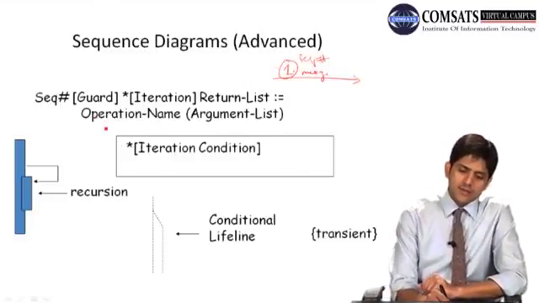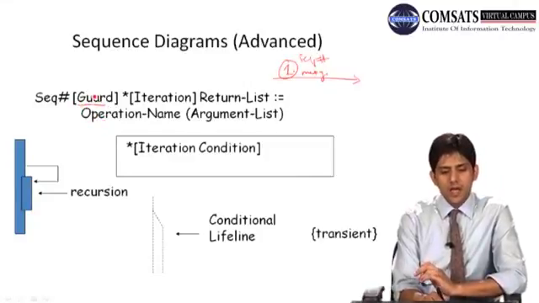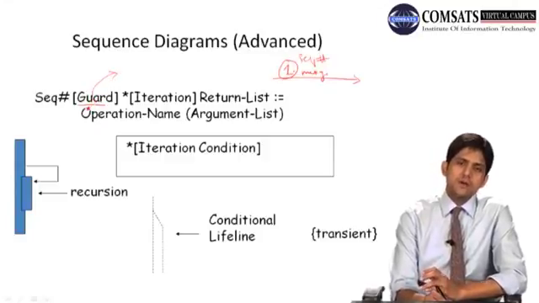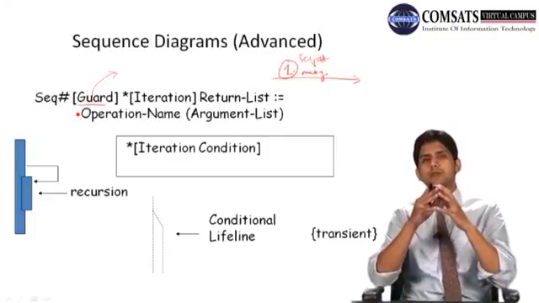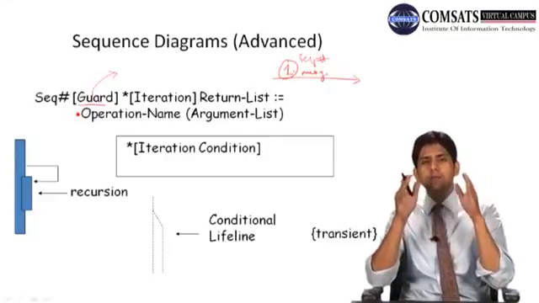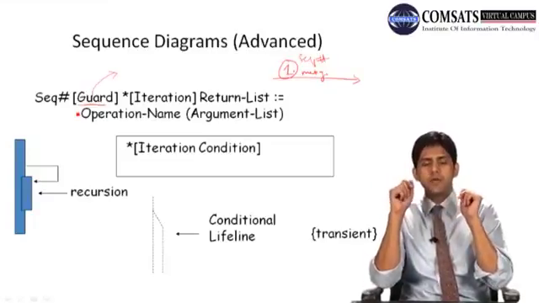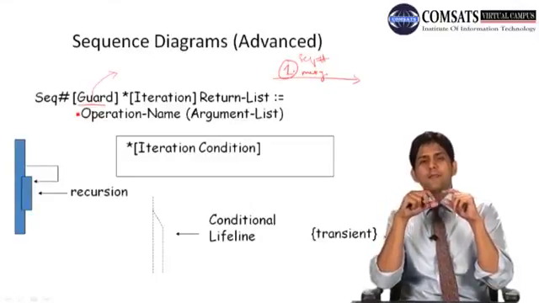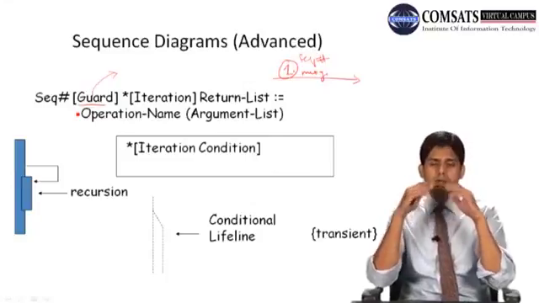Okay, then there is a guard. What this guard tells us is that we can have a condition with the message. For example, if you remember in the last class, we had an example where somebody was trying to issue a book from a library, and the first thing in that system sequence diagram was to check whether whoever is trying to issue a book is a member of the library or not.